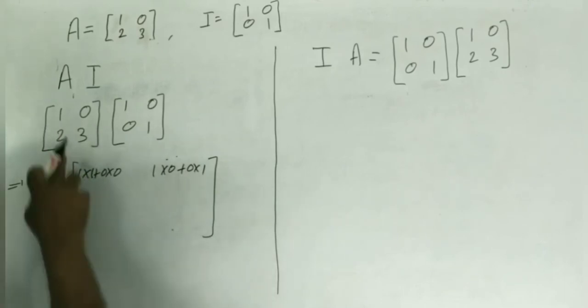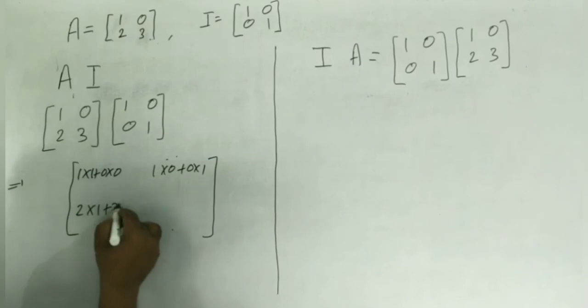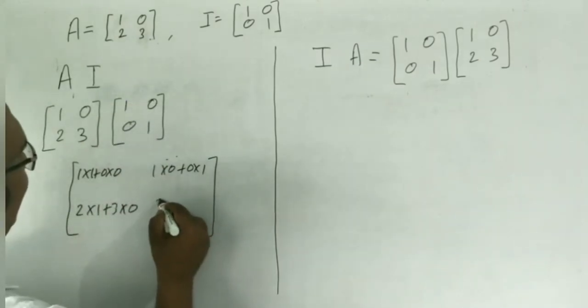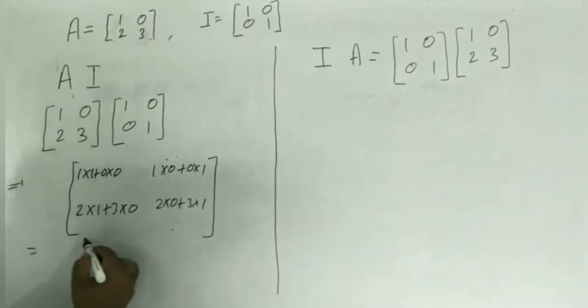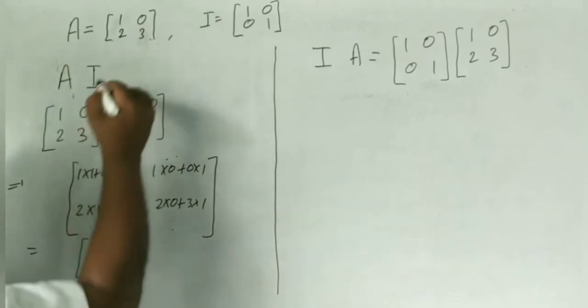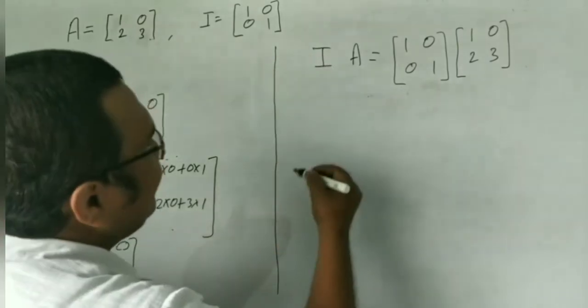This is second row and first column, and this is second row and second column. I get here 1, 0, 2 and 3. Same. So, what is AI? AI is equal to A. Here see.